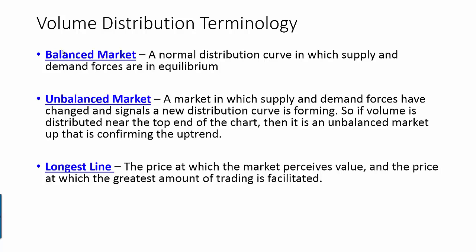And all you need to do, if you're evaluating that stock for a potential trade, is look at where current prices are, or where the current price of the stock is, and compare that against the price at which the longest line occurred. The farther the current price is compared to the longest line, pagka malayo siya at nasa ibaba siya, nasa ilalim, then you automatically know that maraming mga naipit dun sa stock at higher level.